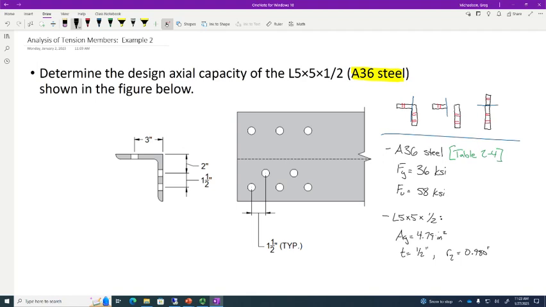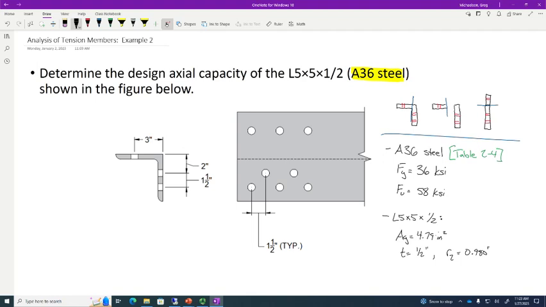Okay. Now, let's talk about X bar. First off, what's the difference between X bar and Y bar for this shape? Well, you're right, there's two of them, but what are they? Would they be the same? They're the exact same because it's an L 5 by 5 by 1/2. The distance from here to the centroid and the distance from here to the centroid are the same. You don't have to believe me. Look at the table. They're the same.